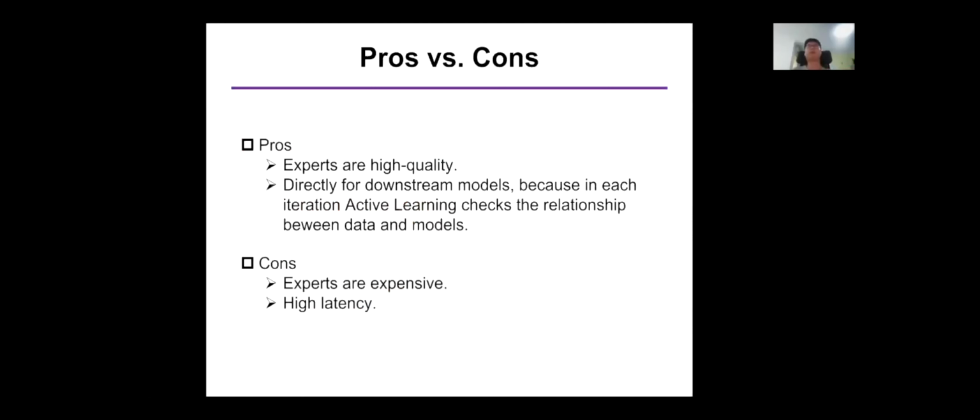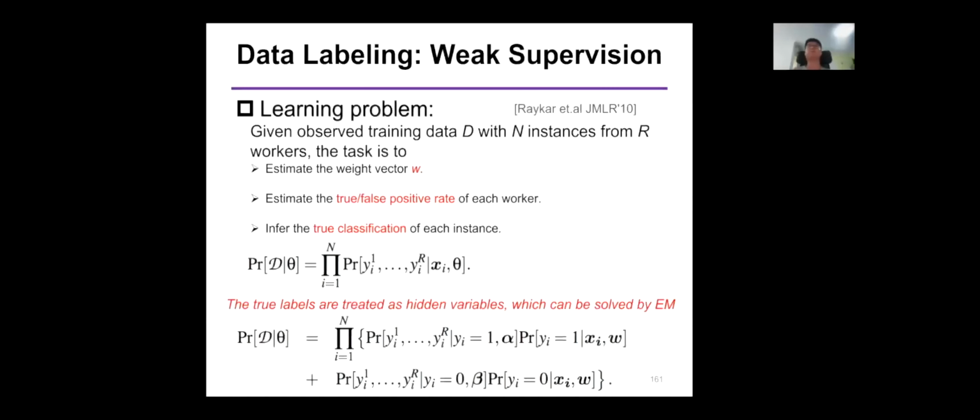The pros of active learning are that experts are always high quality, and it is directly for downstream models, because in each iteration, active learning checks the relationship between data and the models. The disadvantages are that experts are always very expensive, and it needs high latency to label this data.